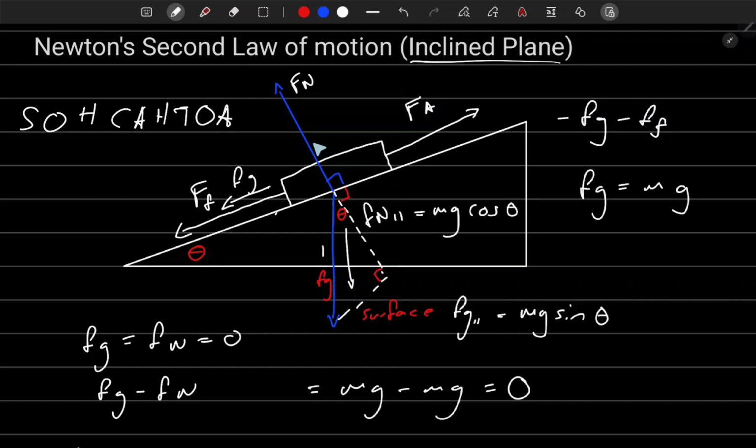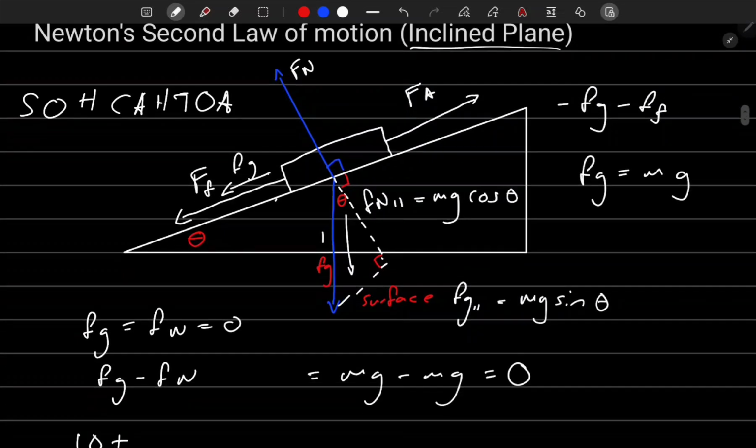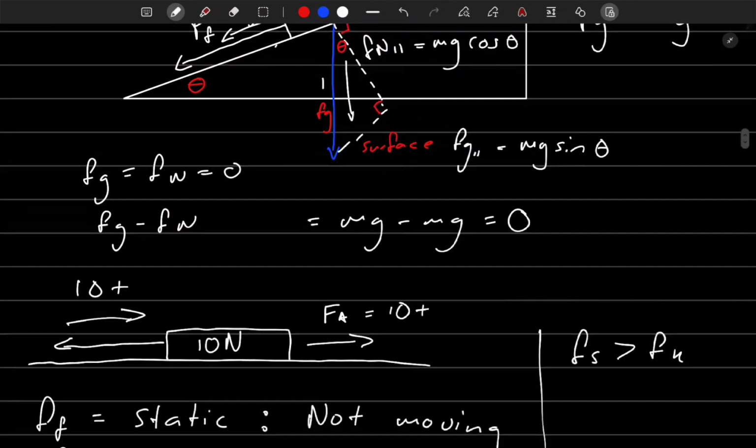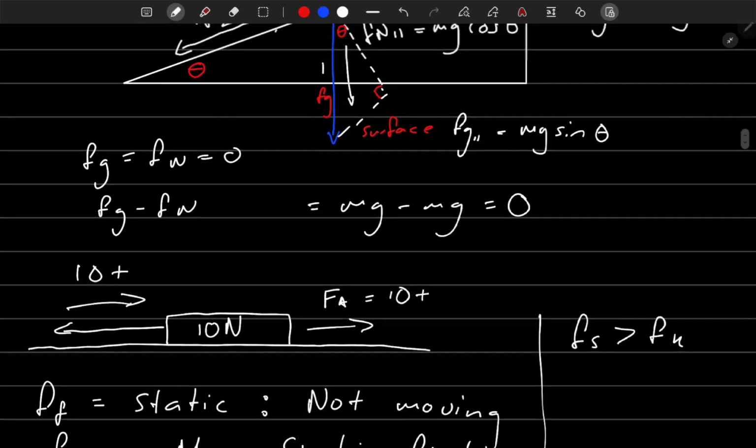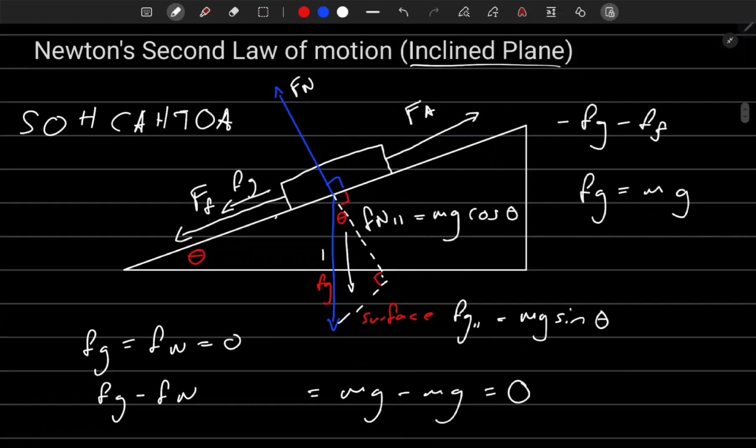I hope I'm making sense. Here we also spoke about friction: static friction, the maximum static friction, and the kinetic friction. So in this video, I hope you have a much deeper understanding of these forces.